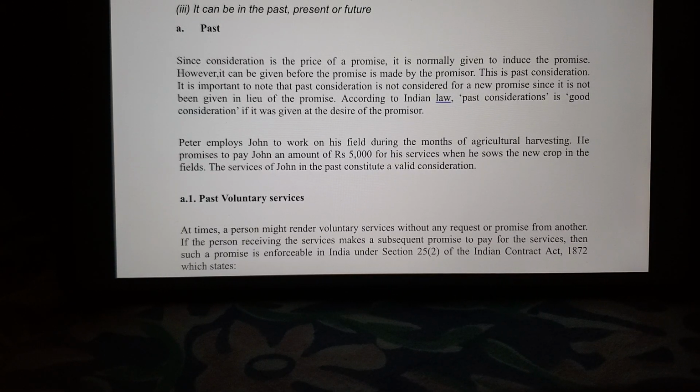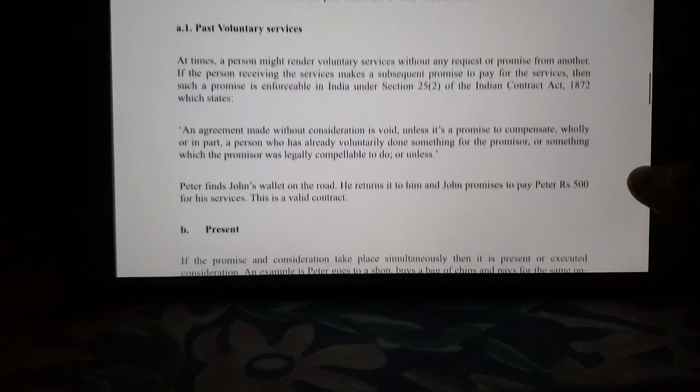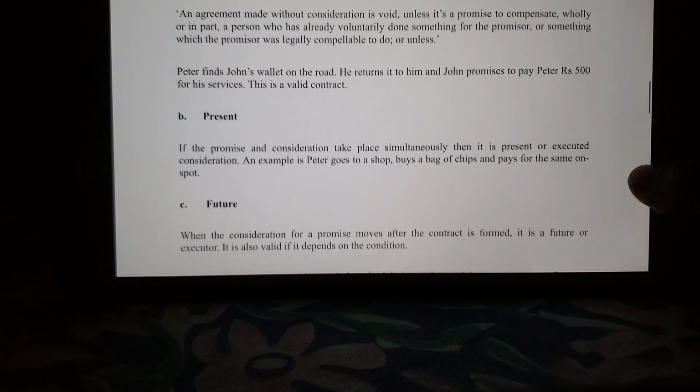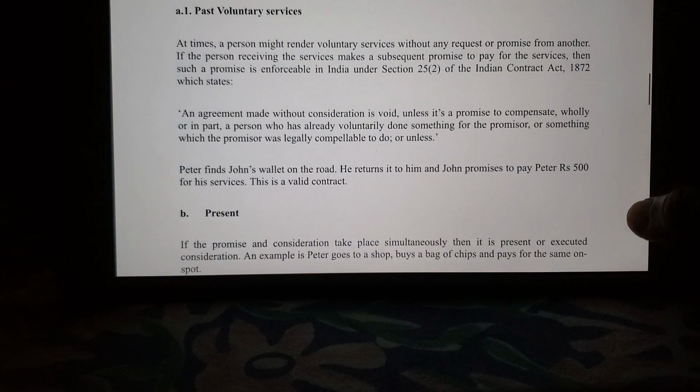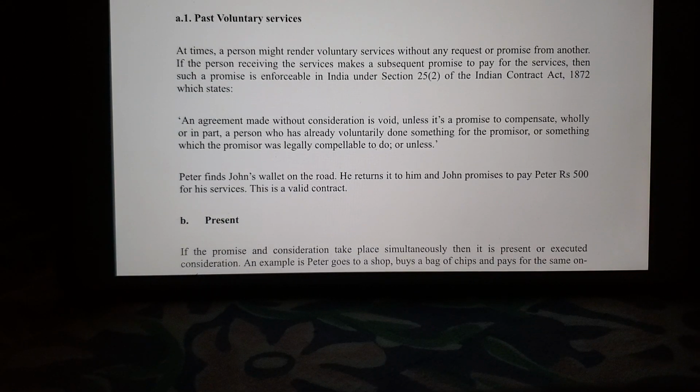A1. Past voluntary services. At times, a person might render voluntary services without any request or promise from another.